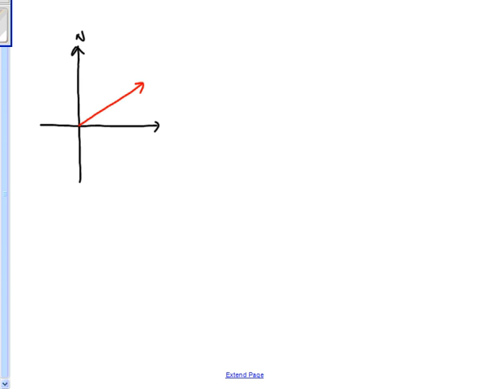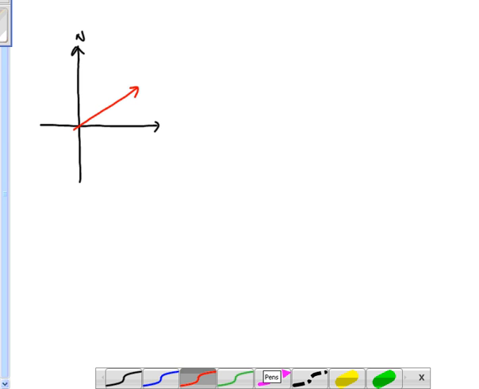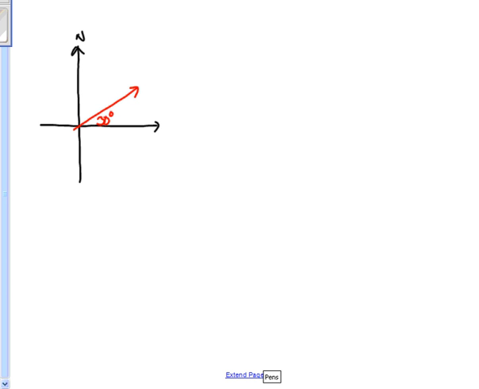And I made another error, hope you caught it. North 70 degrees east does not put a 30 degrees in here. It puts a 20 degrees in here.